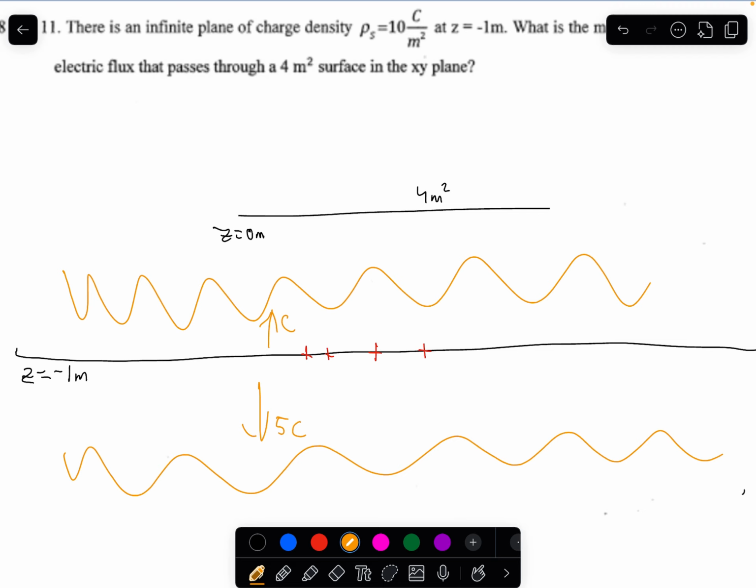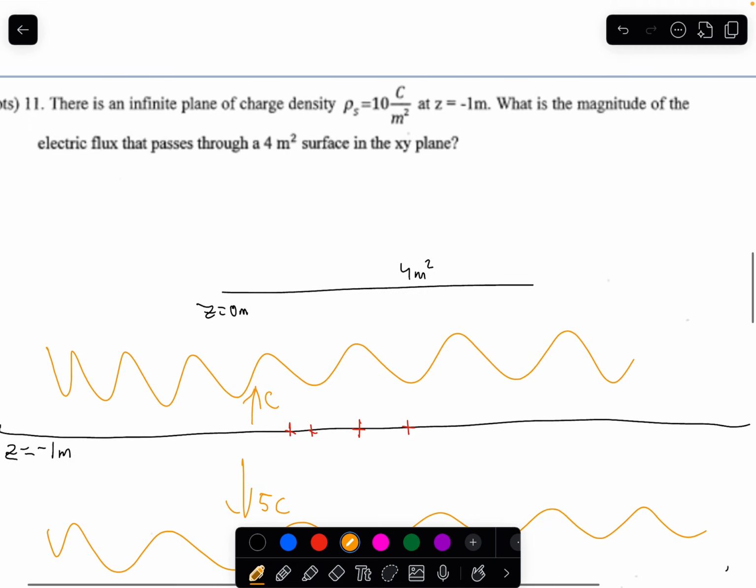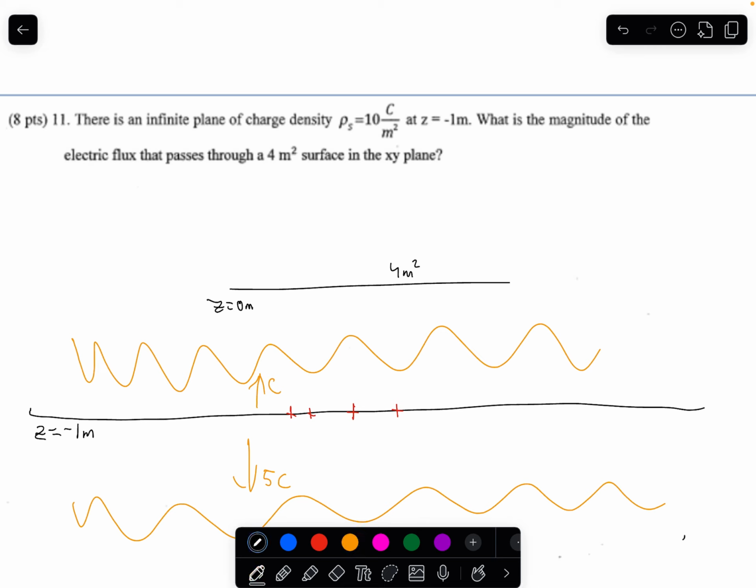So then, that's good to know, but we're still not quite at the end. What we really want to look at is how much of those coulombs is actually going through this 4 meters squared location. So let's look.